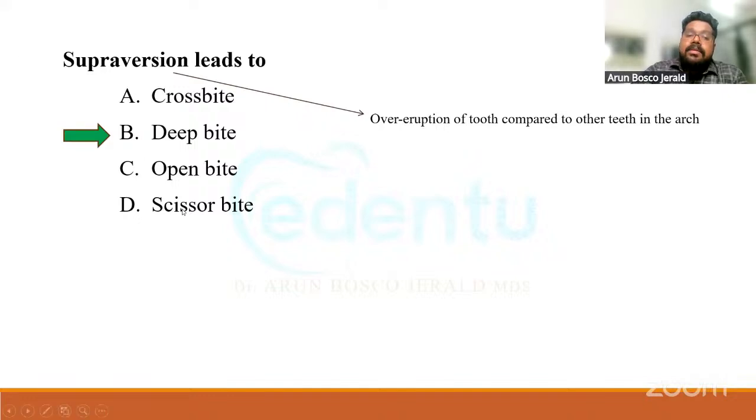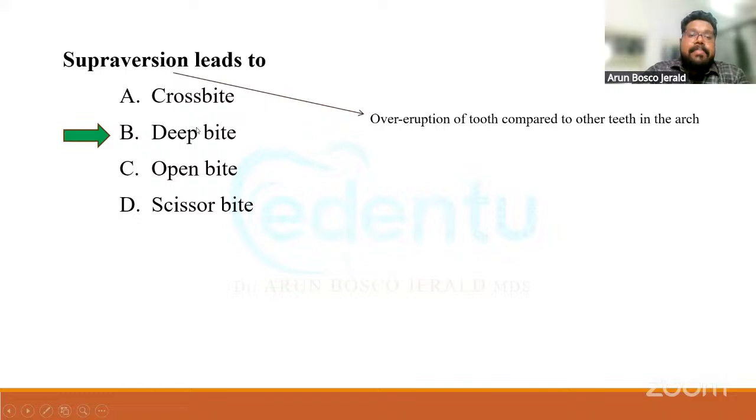Scissor bite is a buccal non-occlusion in which the lingual cusp of the upper arch is getting contact with the buccal cusp of the lower arch. So scissor bite is also because of linguoversion or palatoversion.